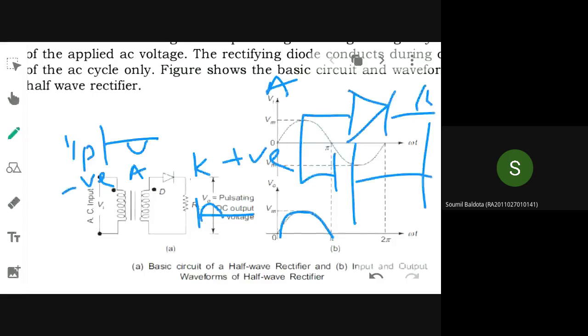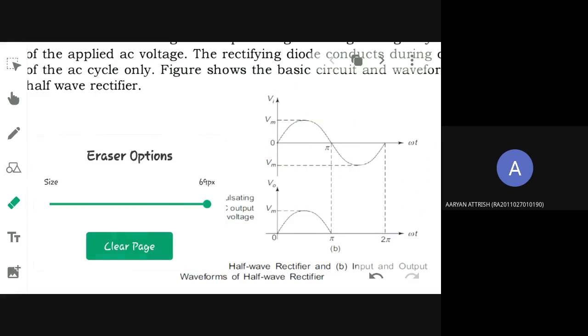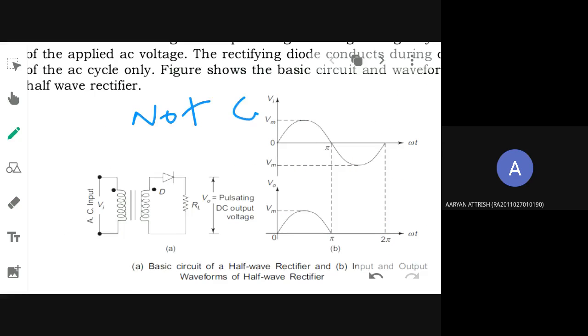This biasing condition is called reverse bias. When the diode is reverse biased, the device will not conduct. The switch will be open.